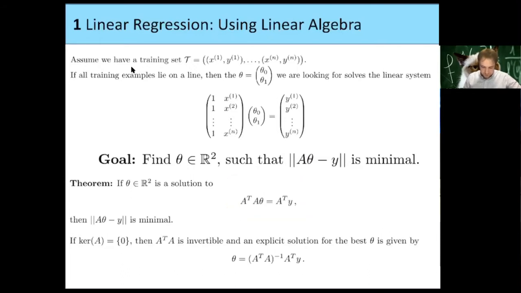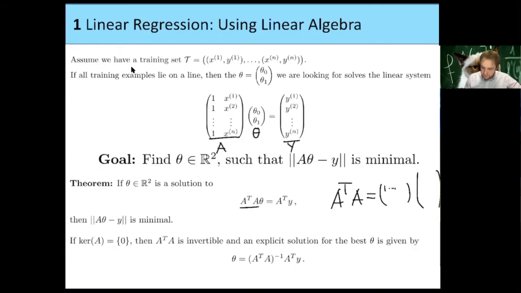So here the left-hand side is the transpose of A times A. So this here is a square matrix. In this particular example, this here is A, theta, and this is Y. And what is A transpose times A?